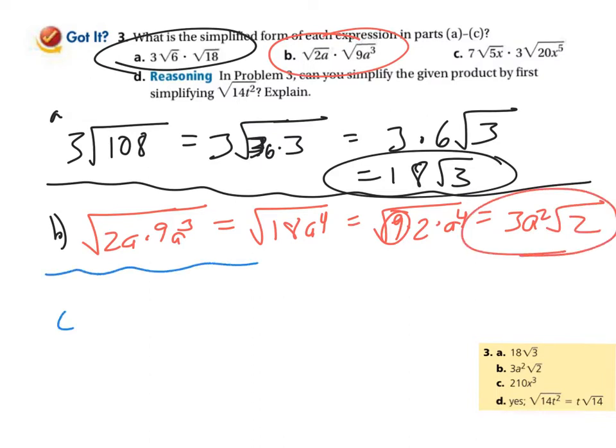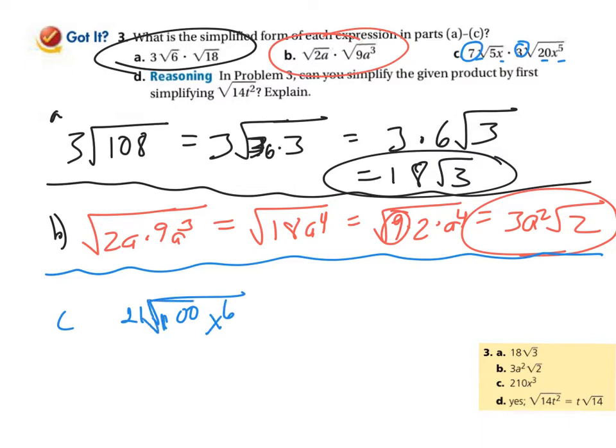And then C, I'm going to go ahead and multiply the outside terms first, right? 7 times 3 is 21. Multiply the inside stuff. So 5 times 20 is 100, and x to the 1st times x to the 5th is x to the 6th. Okay, so there we go.